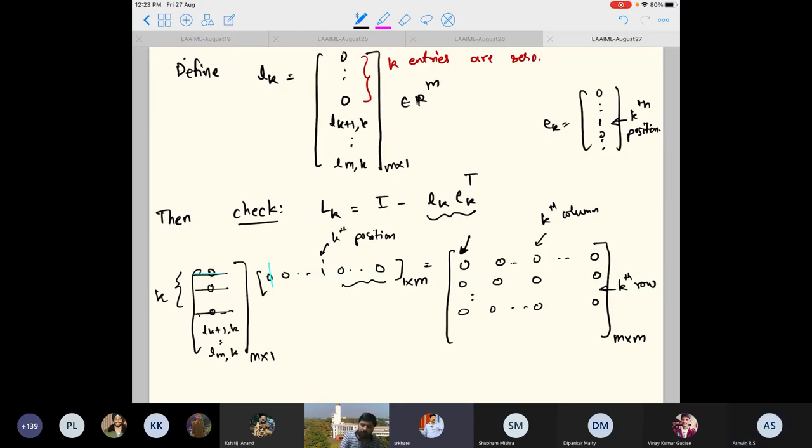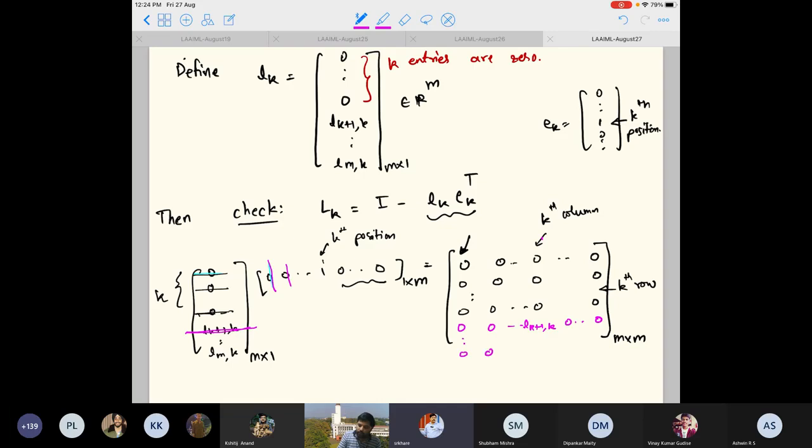You are going to multiply this row with each column here. So when you multiply this, you will get a 0 here. Second time, you will get a 0 here. But now on the kth column, you have LK plus 1 K multiplied by 1, so you get LK plus 1 K and all other zeros, right?